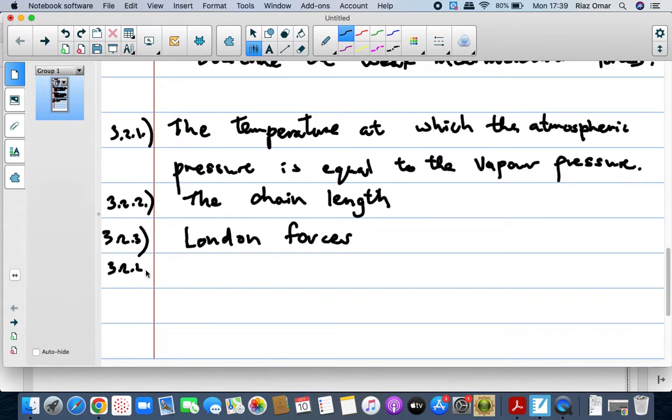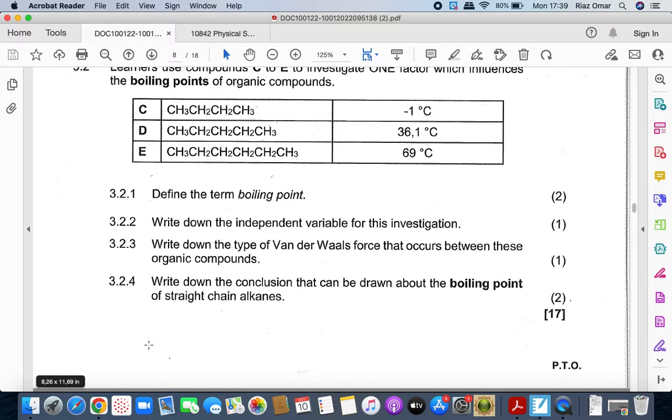3.2.4. Write down the conclusion that can be drawn about the boiling point of straight carbon chains. We can say the longer the chain length, the higher the boiling point.